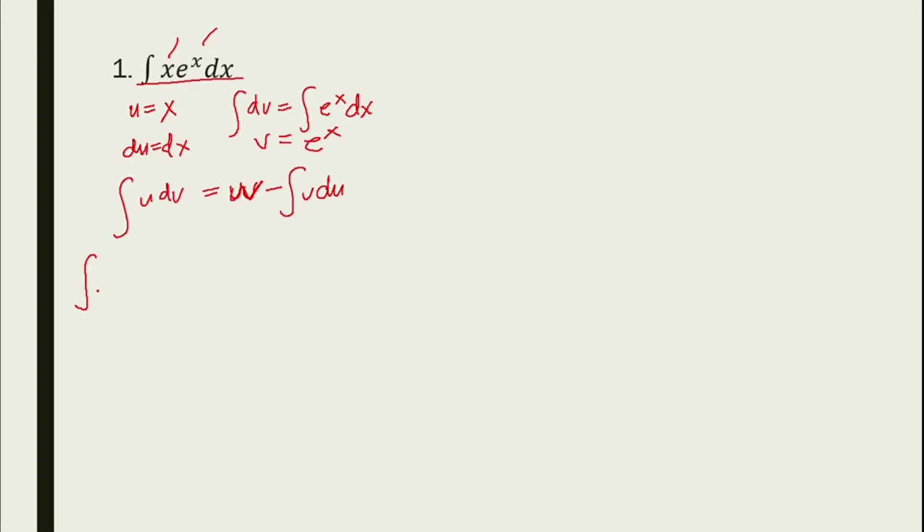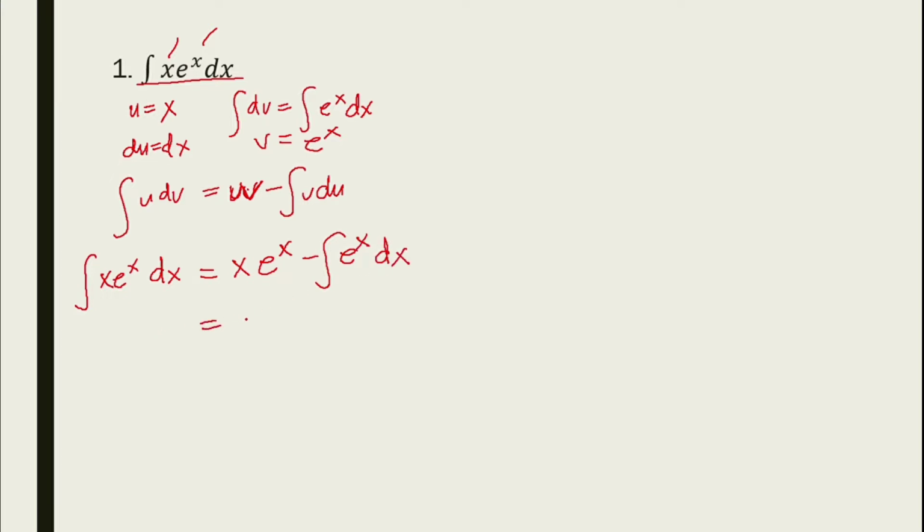Now we have the integral of x e raised to x dx is equal to, what is our u? Our u is equal to x, times e raised to x, which is our v, minus the integral of v du. What is our v? e raised to x, and this is dx.